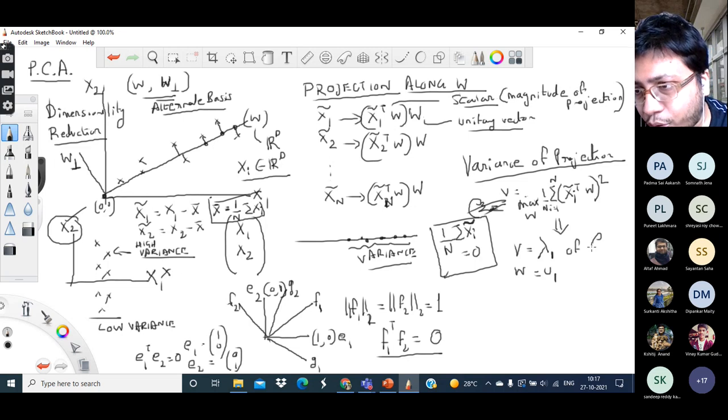Of a matrix called C, which is defined as the summation over i of xi tilde times xi tilde transpose.